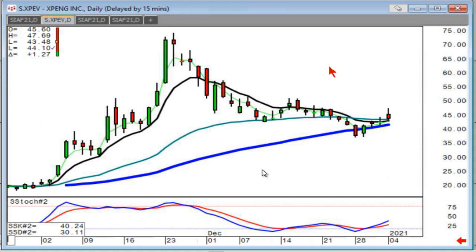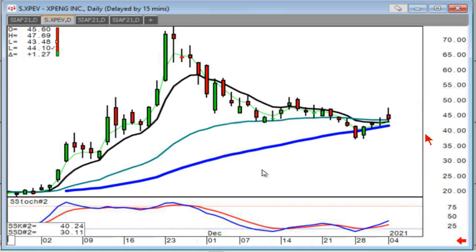Oh, NIO is unveiling its first electric sedan. All right. So it's not so much just the fact that the charts look good, and obviously look pretty good even in light of the market selling off hard today.